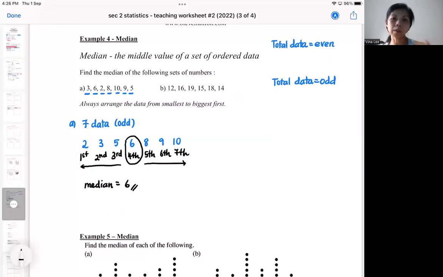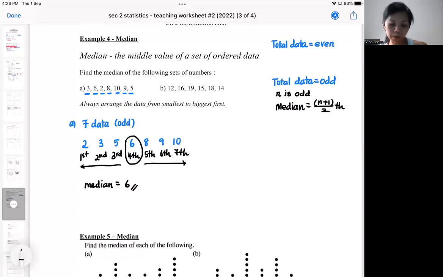So obviously this is an odd data set, and it has 7 data. It's very easy. You can use your finger. You can also realize that the fourth is the middle one. But when you have a huge number, maybe you couldn't tell the middle one. So you will use a formula like this: n plus 1 over 2.